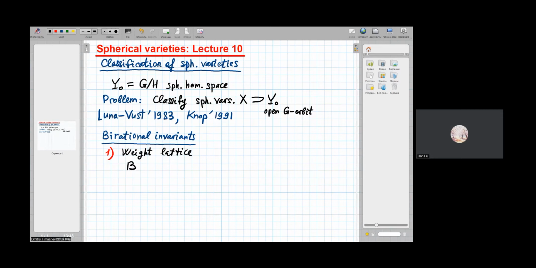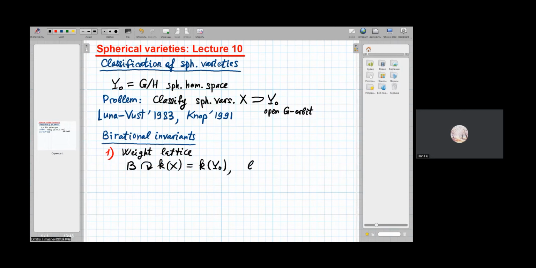So the action of the Borel subgroup on the function field K of X or K of the open orbit, which is the same. So this action, let me recall the formula for this action.